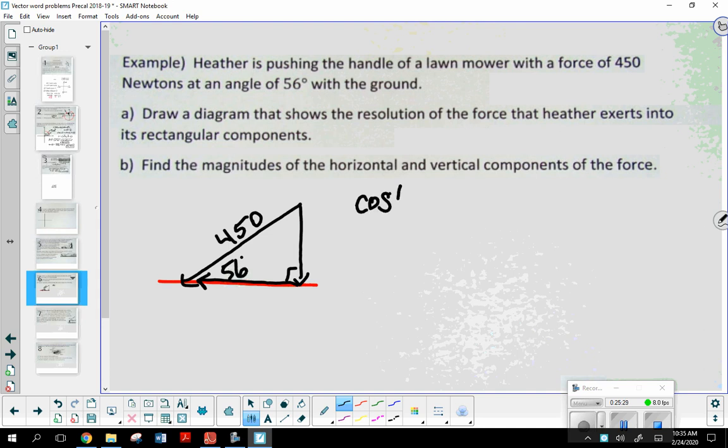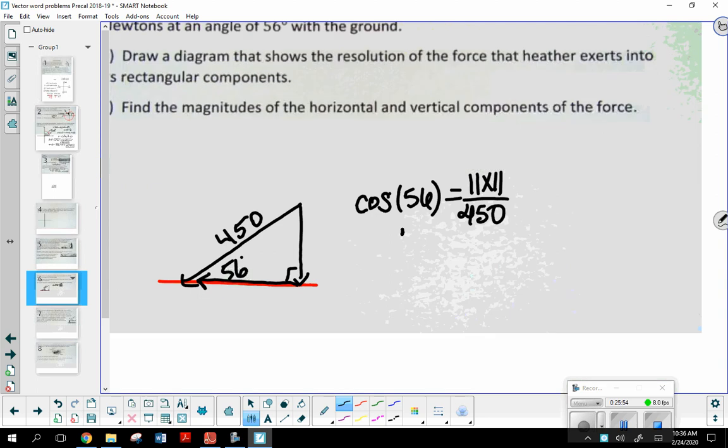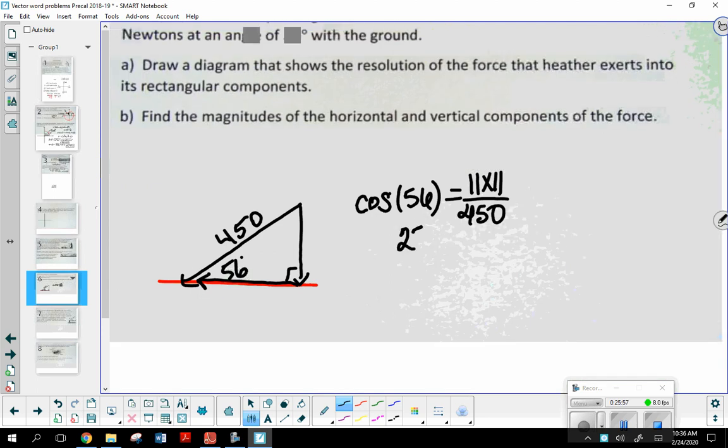So she's going to say cosine 56 degrees. There you go. We've got the magnitude of the resultant force, so I want to find the magnitude of these component vectors. Good. Okay, so the magnitude of the horizontal, 251.6 what?